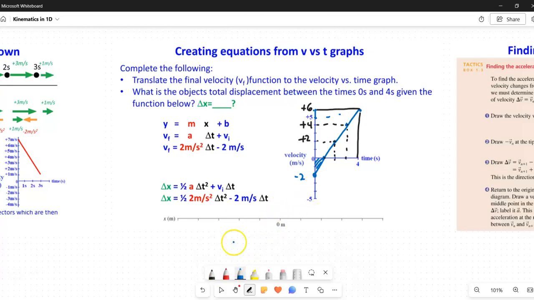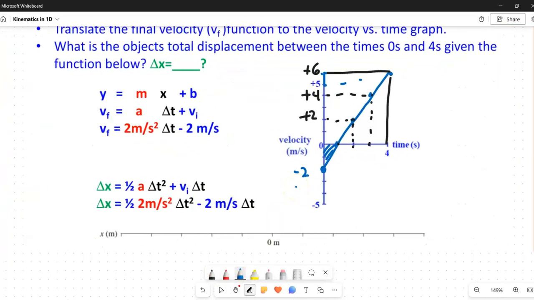So if you imagine, and I'm going to zoom in on this, that this little triangle, which represents, so it's a triangle, and that's 2 meters per second, okay, over the period of 1 second. So if you figure out this is a triangle, which is a half of a rectangle, this blue area right here is going to be the displacement, which is going to be a triangle, which is a half of a rectangle, so that's negative 2 times 1 divided by 2.